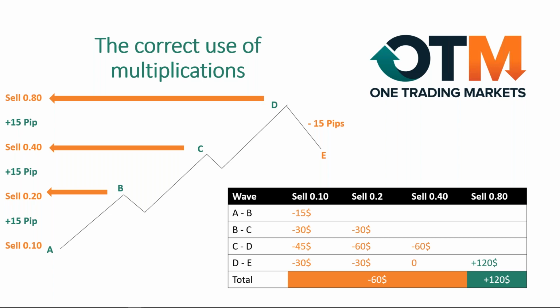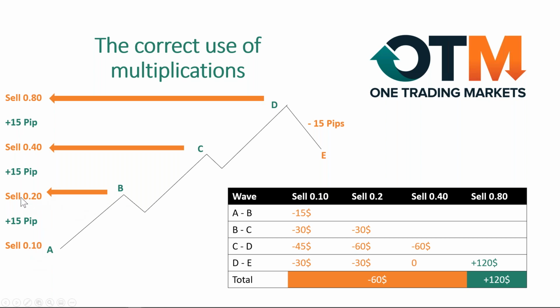So I just make a formula saying that every time the market is moving against me by 15 pips or 15 points, I will double the position. So if I was at point A, I sold 0.10. In case the market goes against me 15 pips, I will do another sell, which is double my previous sell.